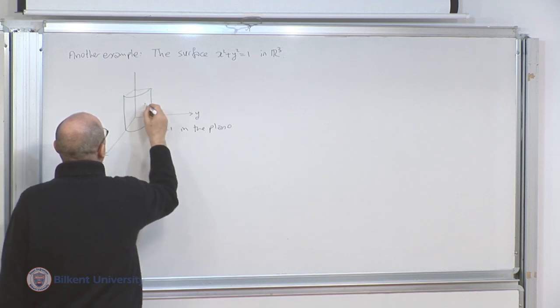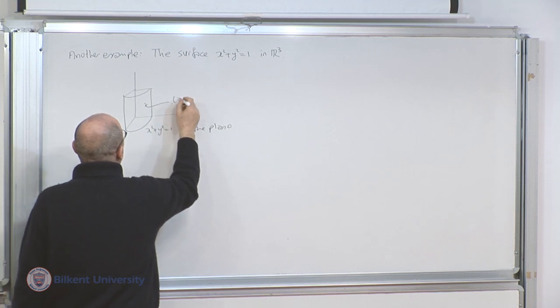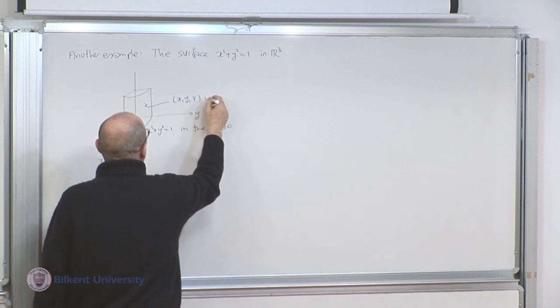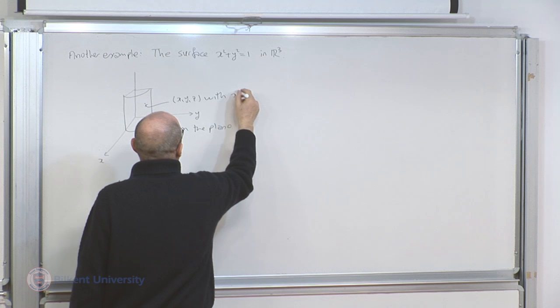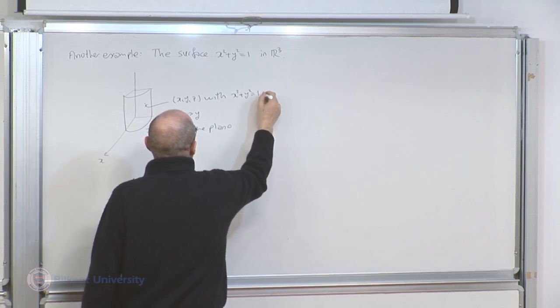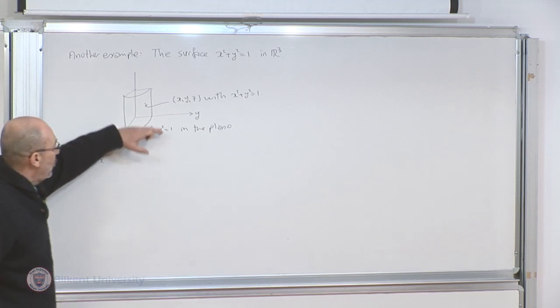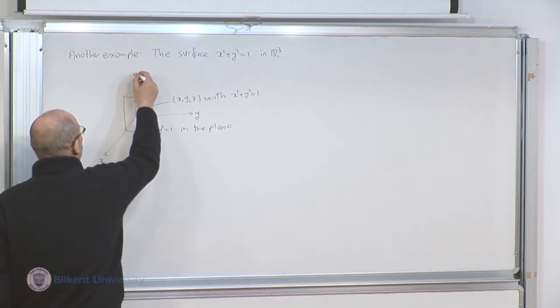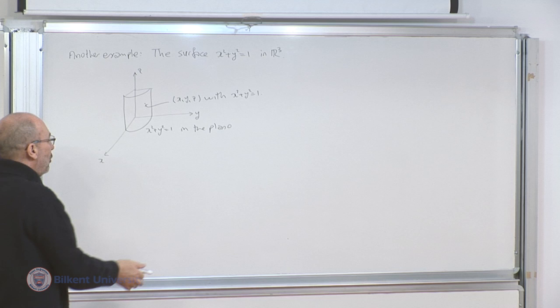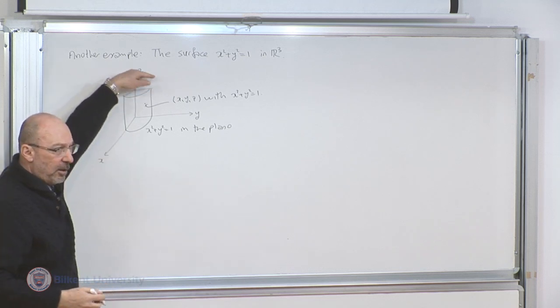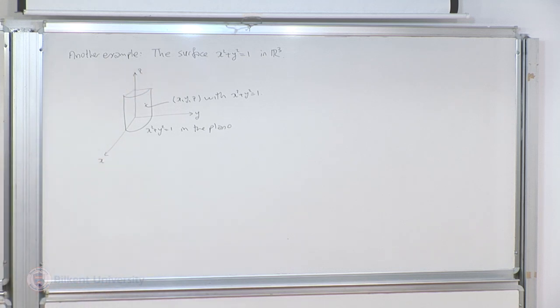Any point here is of the form (x, y, z) with x squared plus y squared equals 1. So no condition on z. This goes up to infinity, and also down to infinity. Obviously, it turns around the z-axis, but I'm drawing only what I see in the first octant.